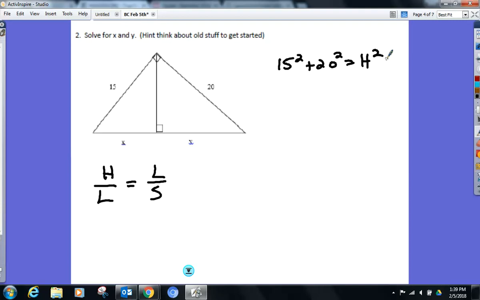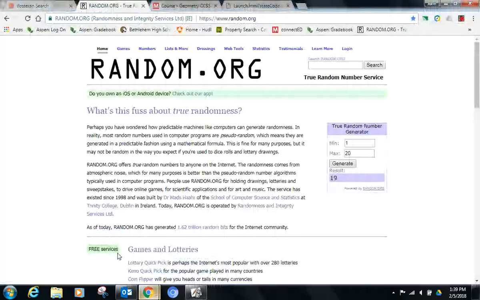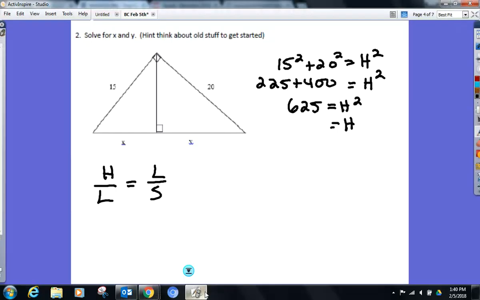So let's find the hypotenuse length. Hypotenuse length, 25. Got it?